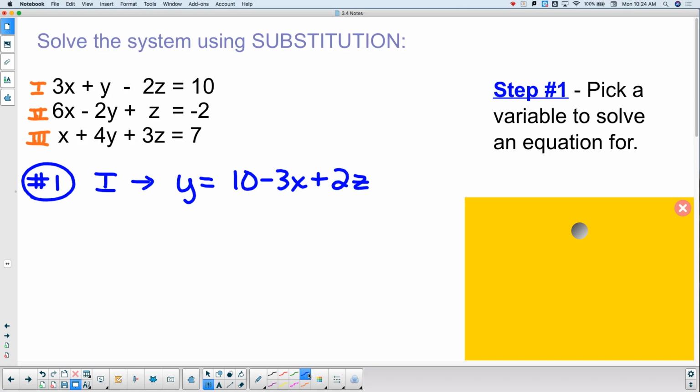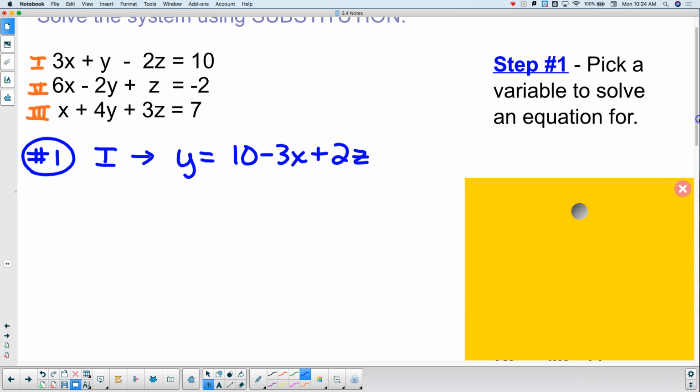Agree with that? Okay. Step number 2 now says, step number 2 from before.